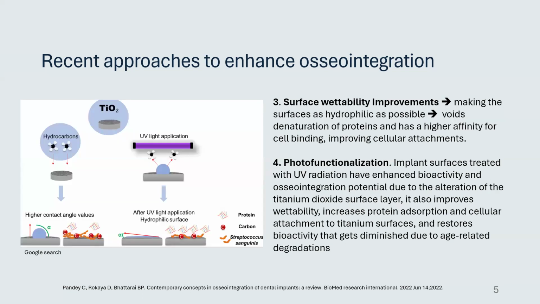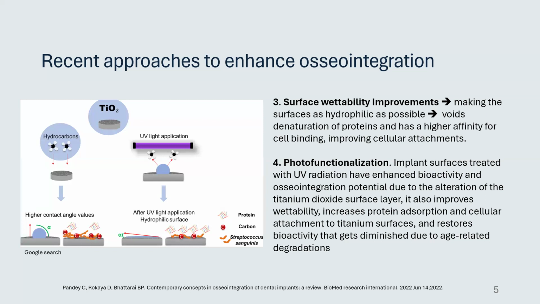Another example of these approaches is the surface wettability improvements. The more hydrophilic the surface, the better the cellular attachments, because it prevents the denaturation of the proteins. Another one is the photofunctionalization using the UV radiation.